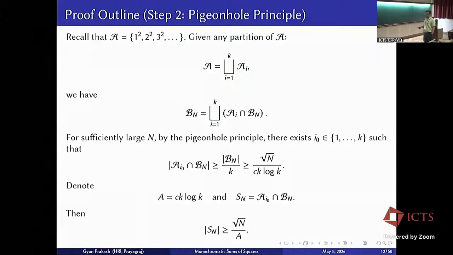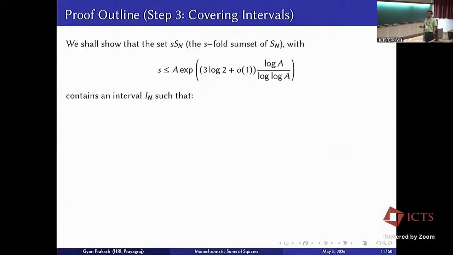So I'll denote A equal to C K log K and Sn equal to A i naught intersection Bn. So Sn is greater than or equal to square root n by A. Okay, so we shall show that the sums with S less than or equal to A, where A is K log K, so this function is essentially the function which we are trying to bound.